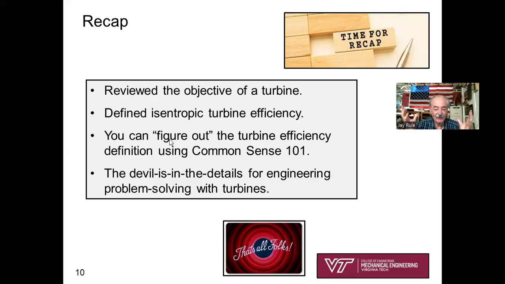Efficiency's got to be a number less than 100%. I would get less work from an actual turbine than I would from an isentropic reversible adiabatic turbine. Therefore, turbine efficiency must be little w actual divided by little w isentropic.